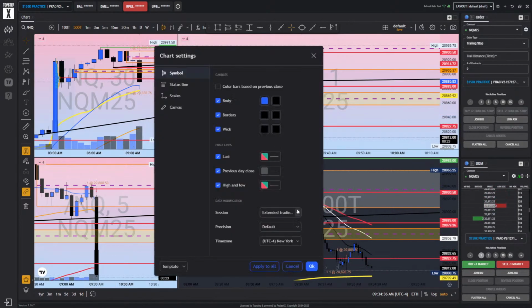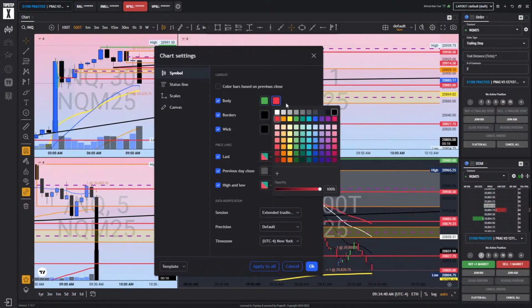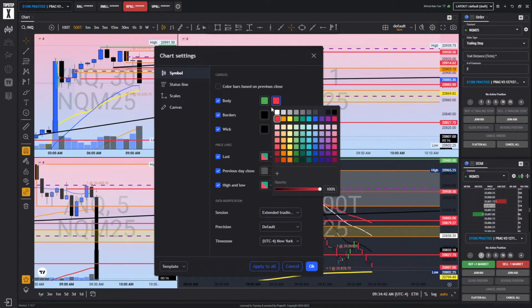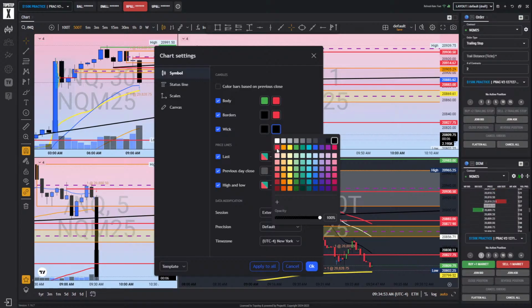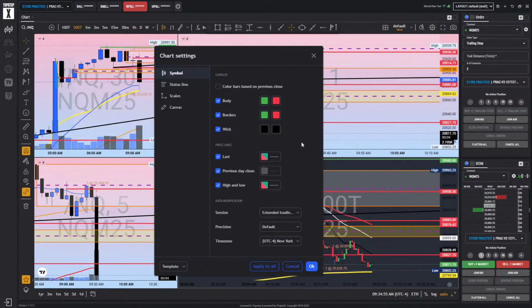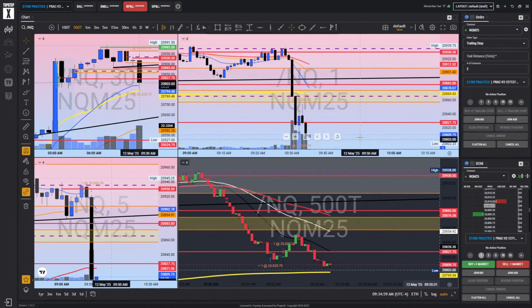And what are red and green going to look like for us as well? Green, red. Definitely not red. Red looks ugly. And green looks too light.